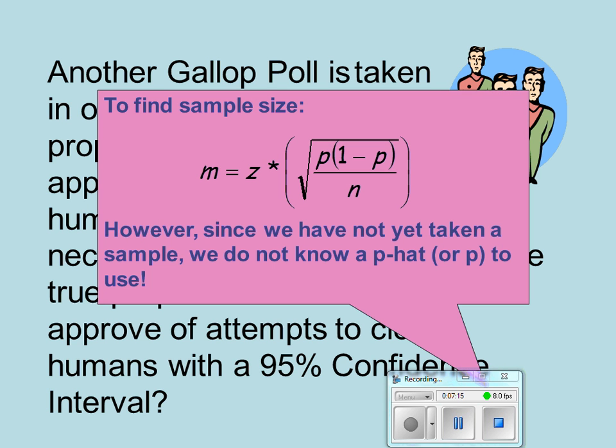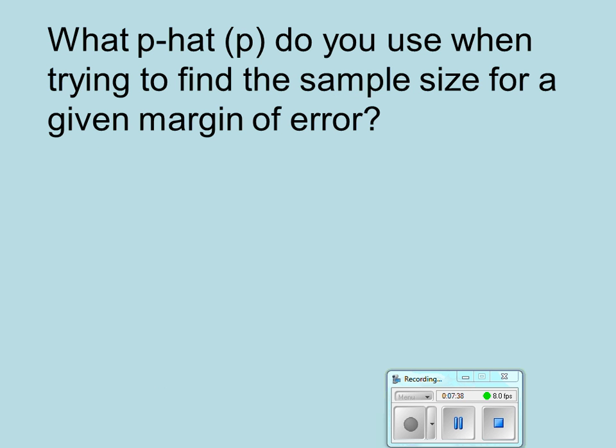To find the sample size, remember the margin of error that I talked about earlier in one of the videos? Here's the formula we're looking at. Since we have not yet taken a sample, we do not know a p-hat, so this formula is the one we'll use. What p-hat do you use when trying to find a sample size for a given margin of error? Do you use, I don't know, 10%? 90%?